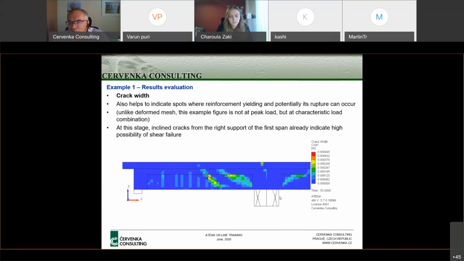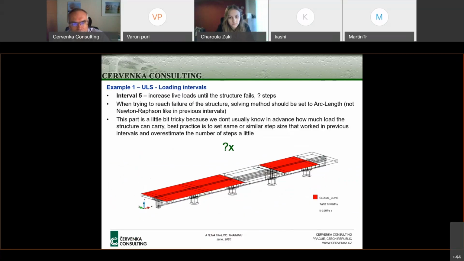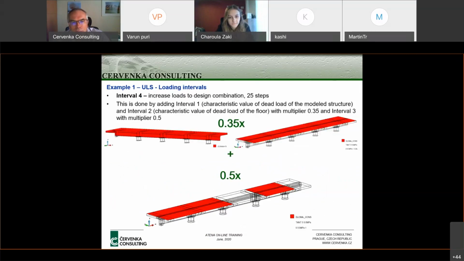But yes, the delamination can be captured with these simulations. Actually, in this slab, which is not shown here, in some of the situations there was a delamination simulated.